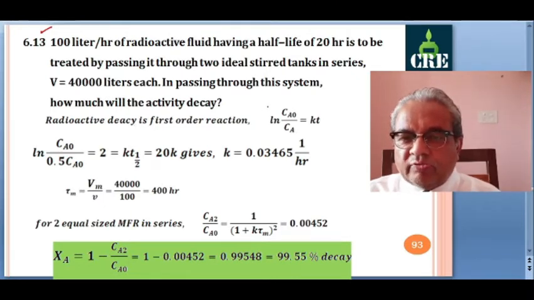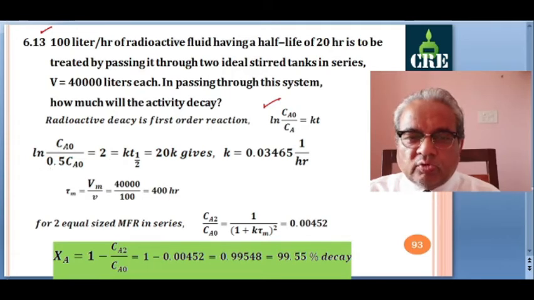So radioactive decay is a first order reaction. So ln of Ca0 by Ca is equal to Kt. Ca is 50% of Ca0, that is 0.5 Ca0, at t half. So this comes out to be ln 2, which is equal to K into t half, that is the half life period.